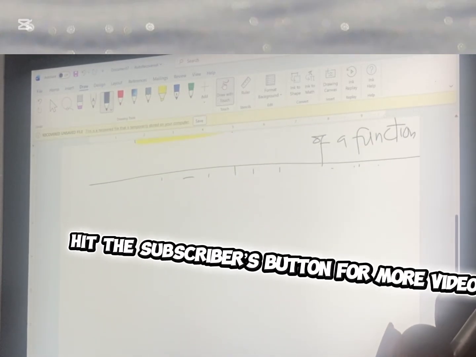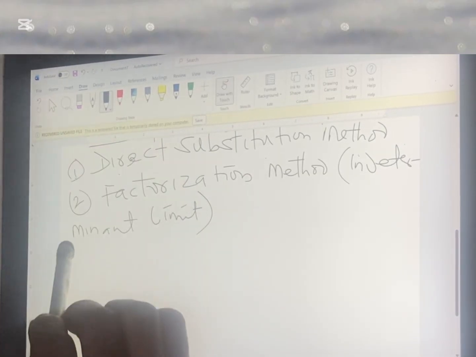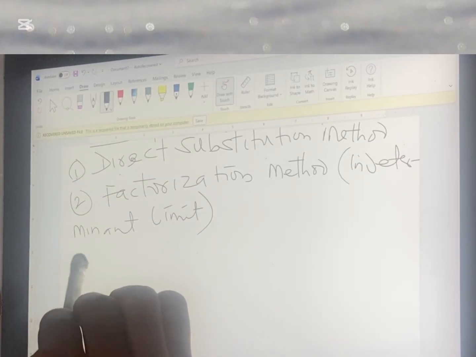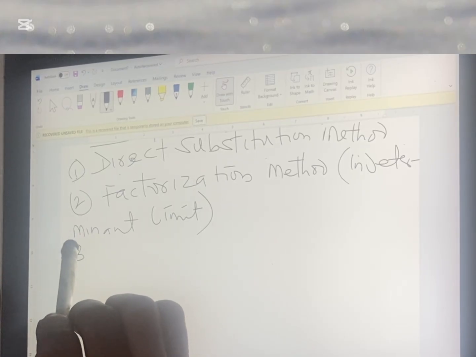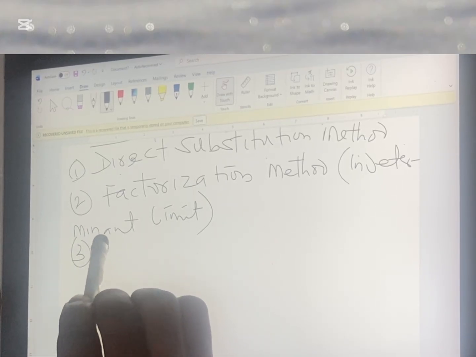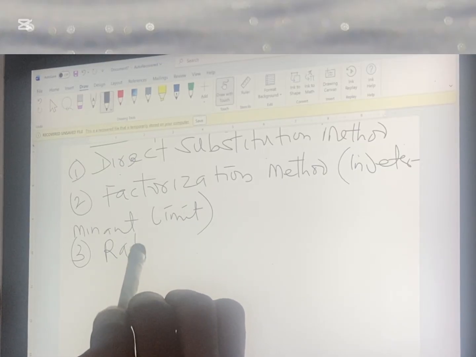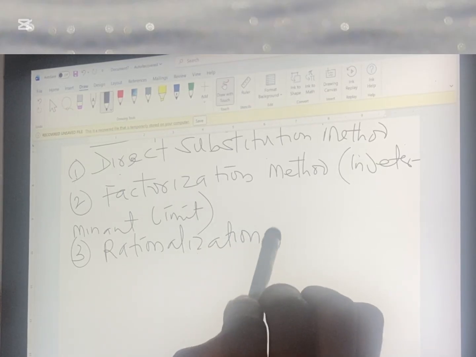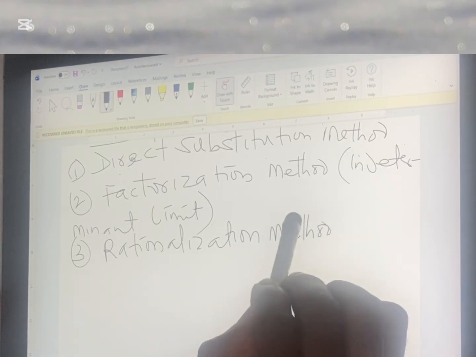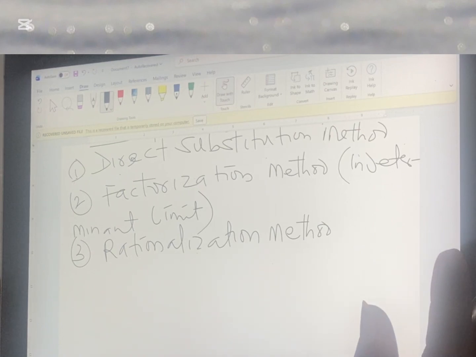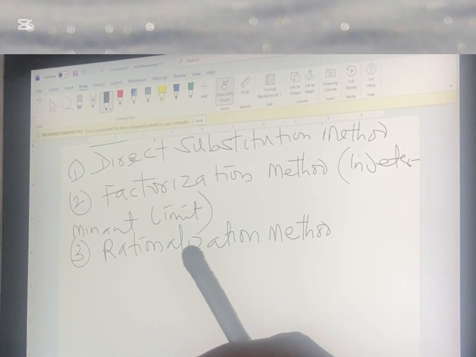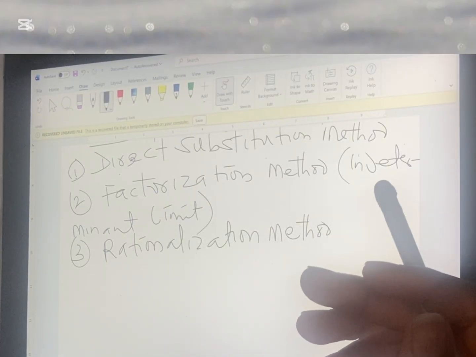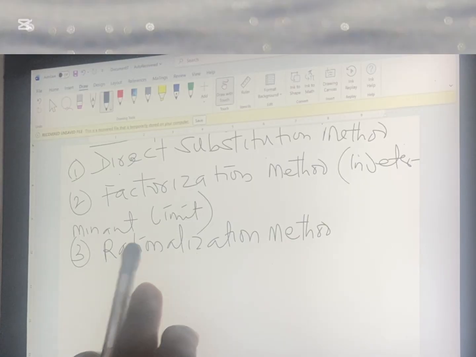The third one here, that is the last one, we have rationalization method. We use this for surd fractions, like when we have a fraction that comprises a surd, we use rationalization method.